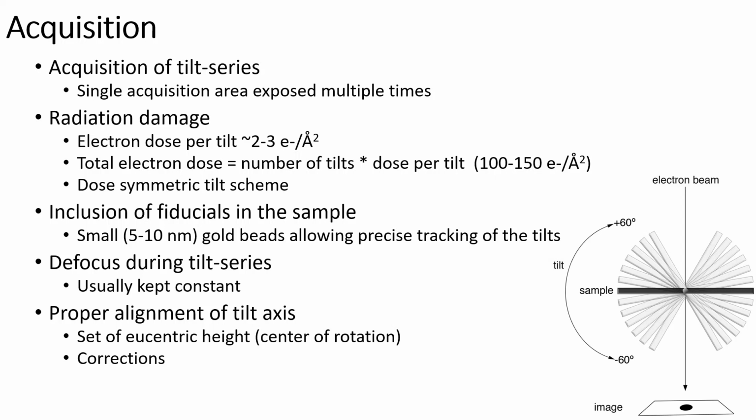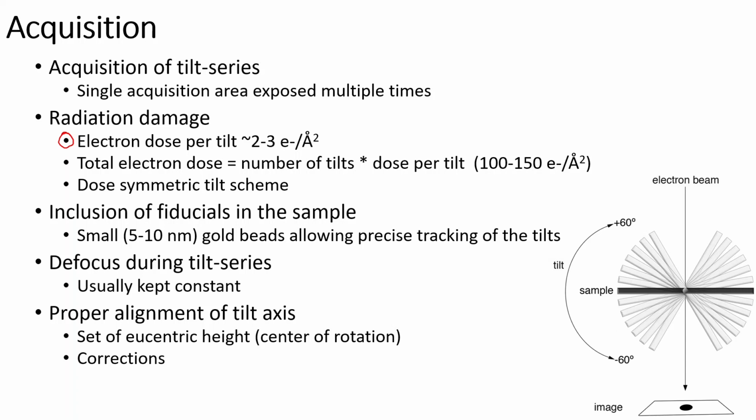For acquisition of the tilt series, we need to acquire a tilt series, which is the same area that's exposed multiple times. That means there is a higher radiation damage on the same area of the sample than for the SPA. Therefore, we need to decrease the electron dose very highly, so that we end up with a 2 to 3 electrons per square angstrom dose per tilt, whereas in the SPA we were in the range of 50-60 electrons per square angstrom.